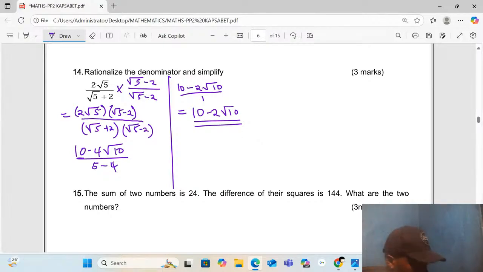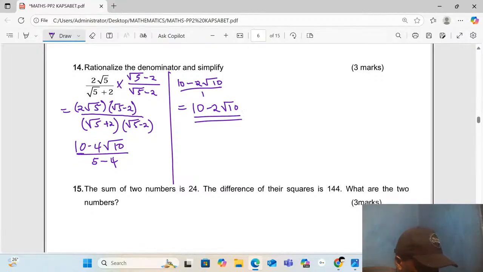So that is now becoming our answer for that. When we rationalize the denominator, then we simplify. So that is how we arrive at our final answer.